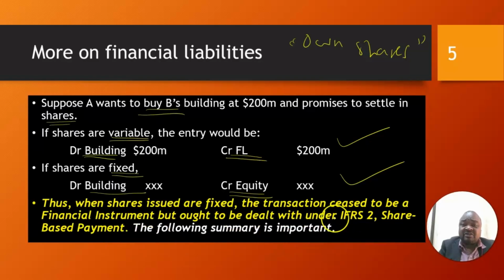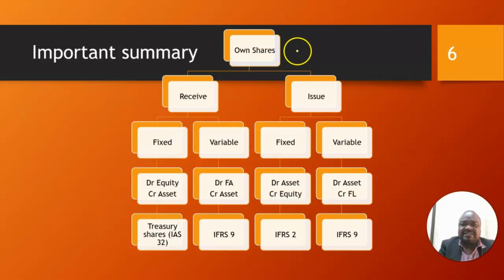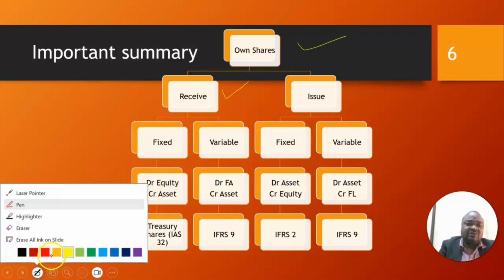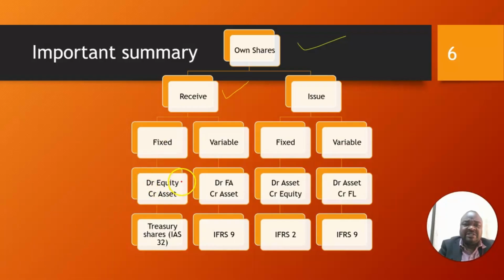So the following summary is relevant. In the own shares situation, if you are receiving own shares and the shares are fixed, what you need to do is debit equity. We've seen this one, and credit the asset. Why? Because you are receiving own shares, and this should be a situation when you are selling your asset or you are disposing of the asset.